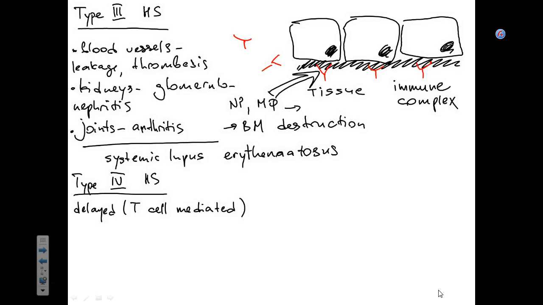That's why it is called delayed. Does that make sense? Now, I usually provide the TB test example, because it's something you're going to deal with when you are in healthcare. But there's another very good example of type 4 hypersensitivity, the reaction to poisonous plants like poison ivy.